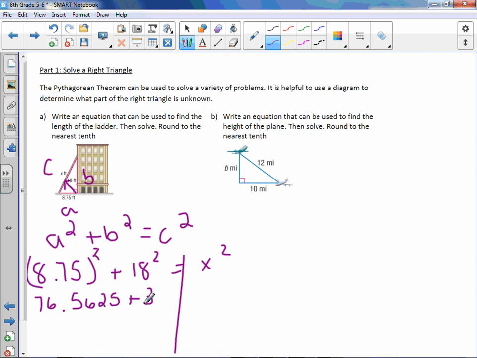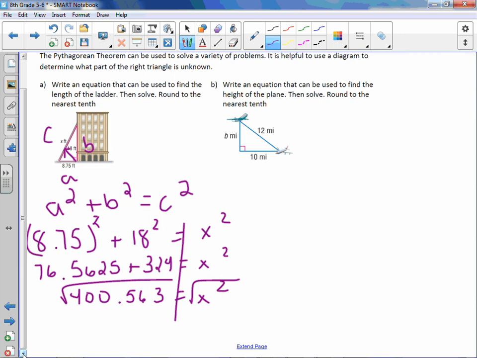$18 squared, add those up. And take the square root. $20.0141 equals x.